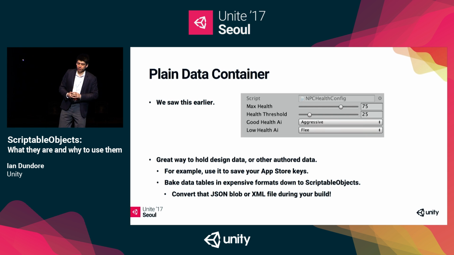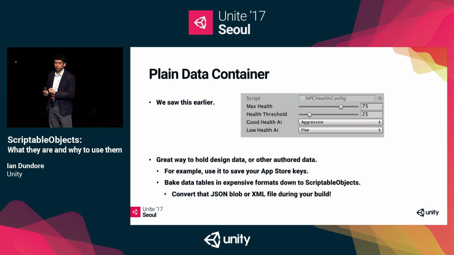But there's a clever way to use them. Take data that is in a format that is expensive to deserialize, like JSON or XML. You can write a script that converts those files to scriptable objects at build time. That's much faster to load than plain text.